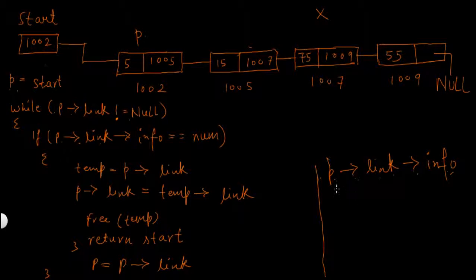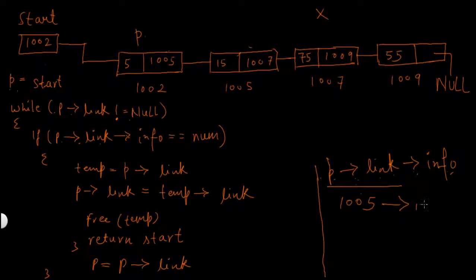Now what does this p arrow operator link arrow operator info mean? Now p means first node. So p arrow operator link means link part of this node, which is 1005 according to this example. And 1005 is the address of the next node.